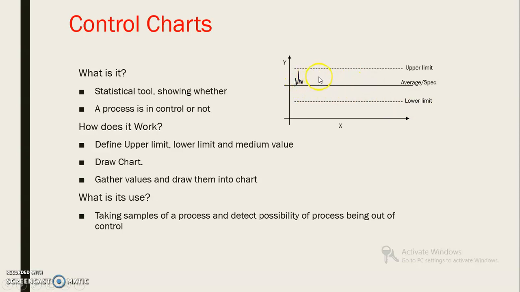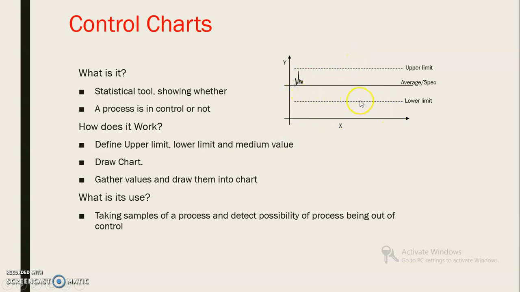If any job goes outside this upper limit or lower limit, then it is rejected, means we have to either correct that machine or we have to train that manpower. So there is a possibility that the graph moves to either side, means towards the upper limit or towards the lower limit.